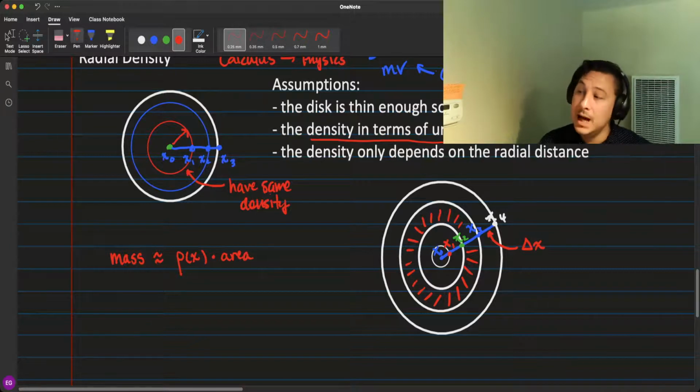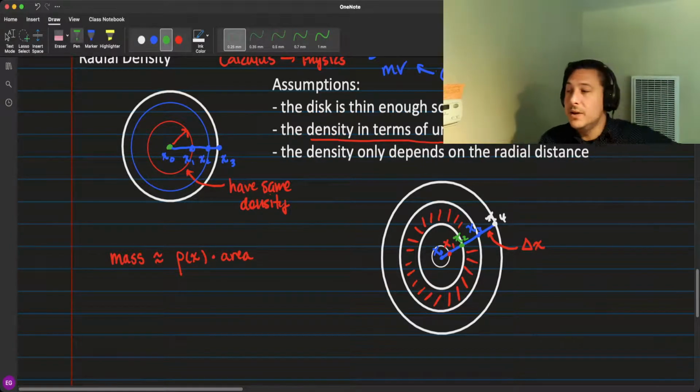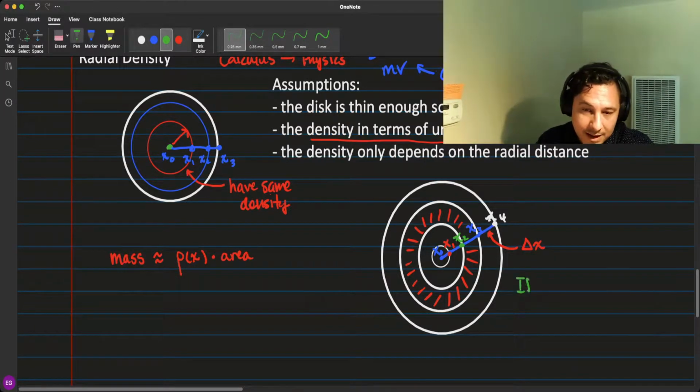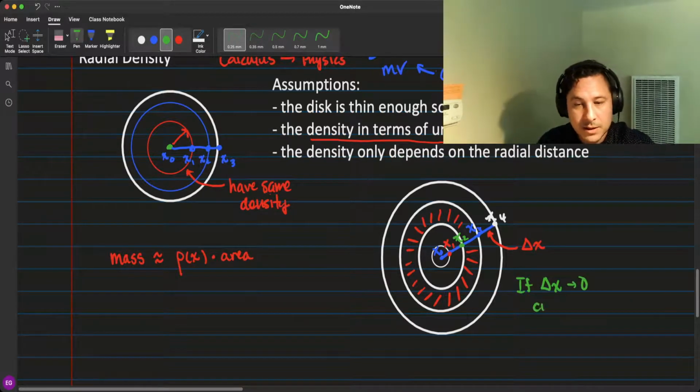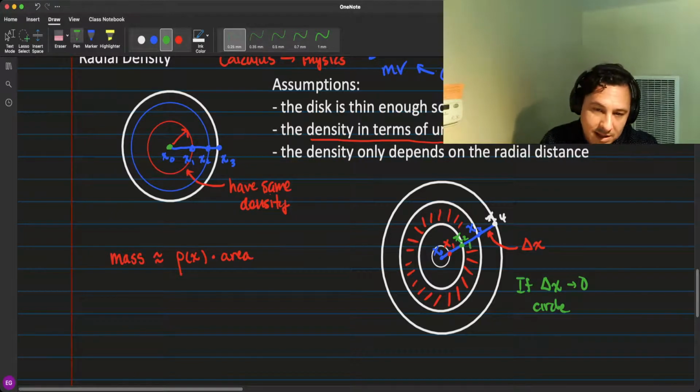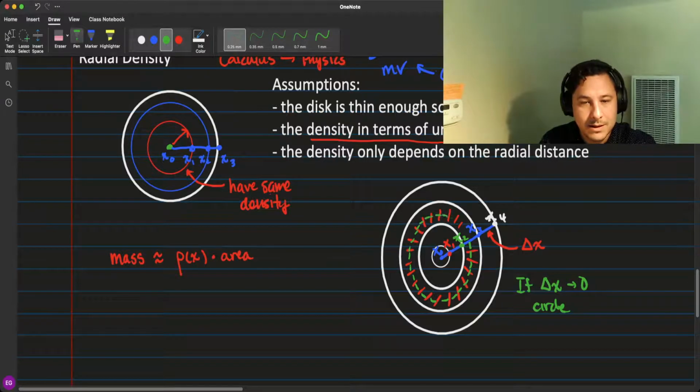Well, actually it doesn't change according to the radial distance. So if those two points were close enough together, if delta x approaches 0, you'd get a circle, and then the density would be unchanged. But what we can do is take the midpoint between x2 and x3, and that's probably on average what the density is.